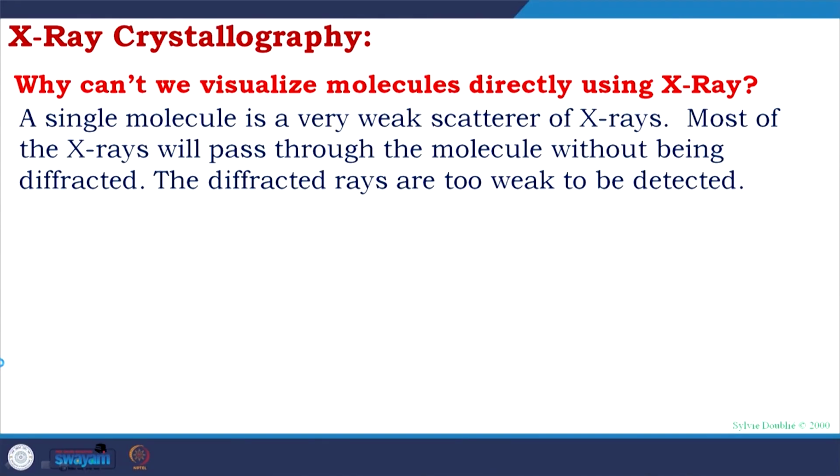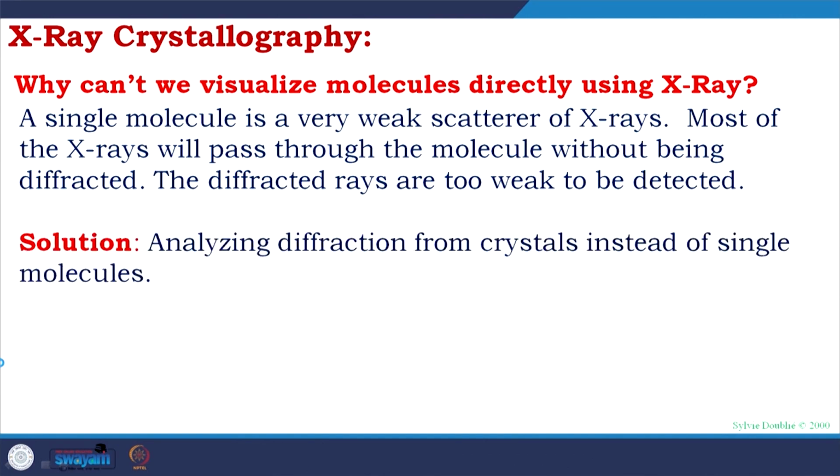The diffraction or the scattering is the one which is giving us information. When you consider direct viewing, you are looking at a single molecule, and a single molecule is a very weak scatterer of X-ray, and most of the X-rays will pass through the molecule without being diffracted. So, the diffracted rays would be too weak to be detected.